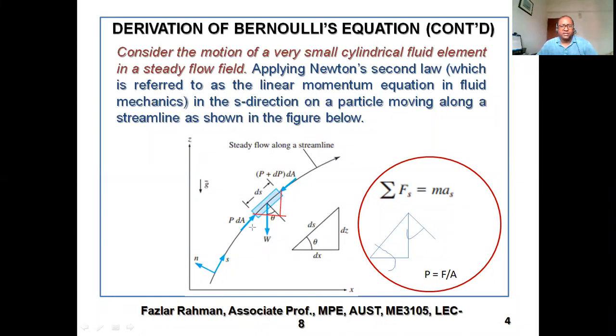This distance from here to here is obviously dx, and the distance from here to here is dz. This is dx and this is dz. And along the streamline, it travels distance ds. So this is the ds. Now, how does this angle theta come? This one is theta. I will try to explain it in the next figure.